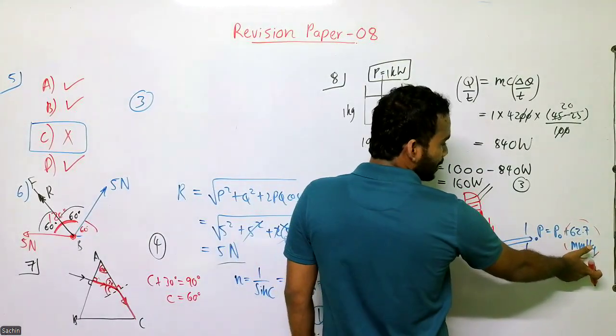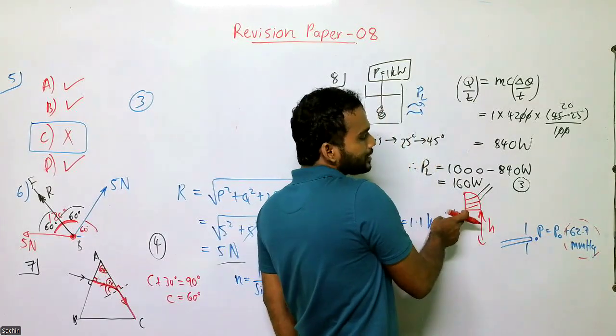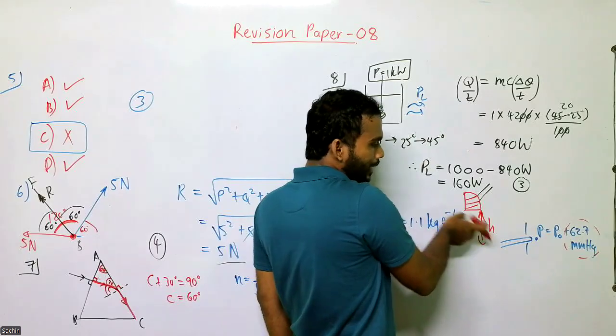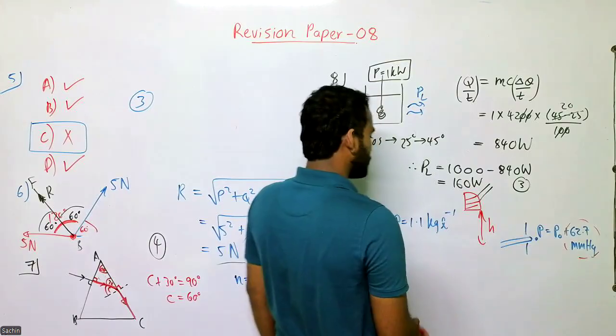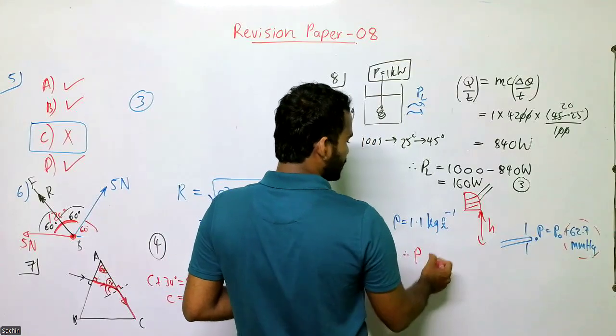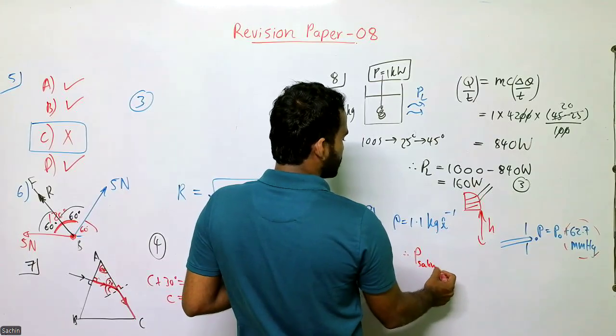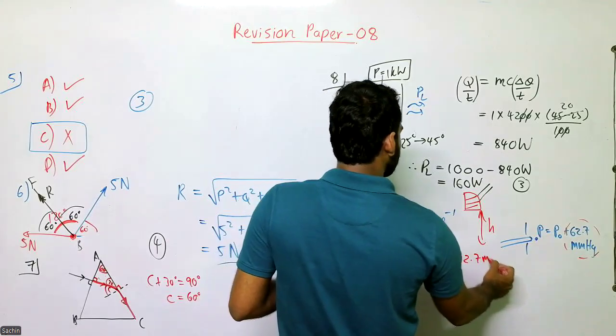So if this side has a higher pressure, obviously this liquid will not flow. So the least height: the pressure exerted by the saline should be equal to balance that additional pressure.